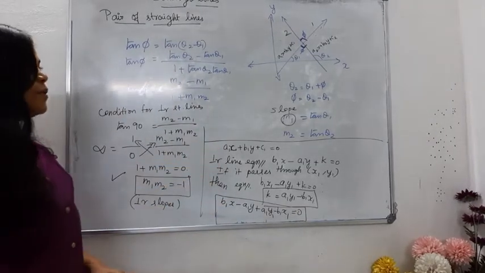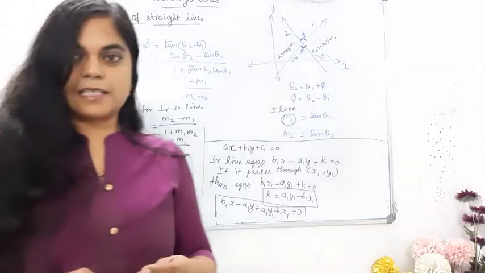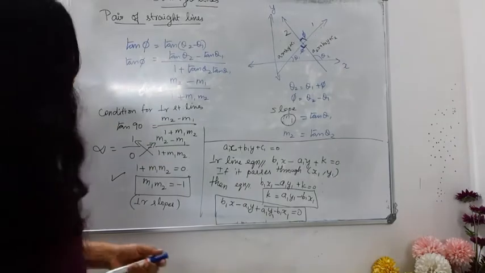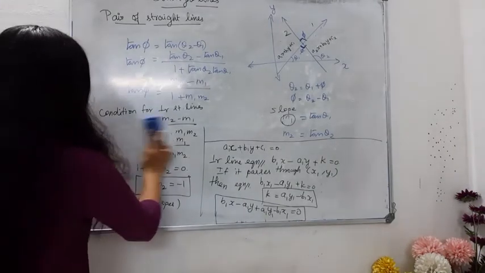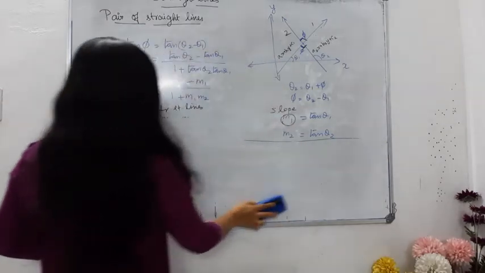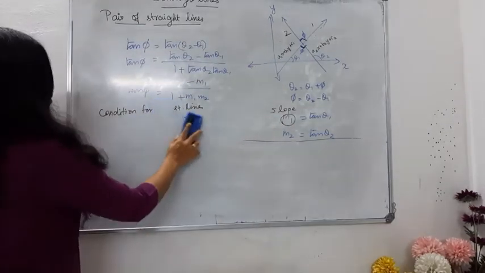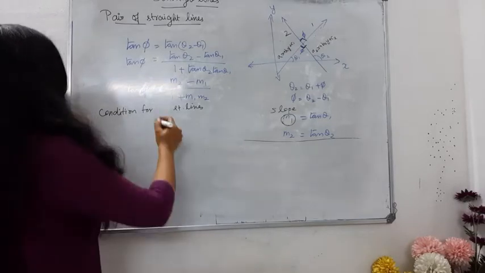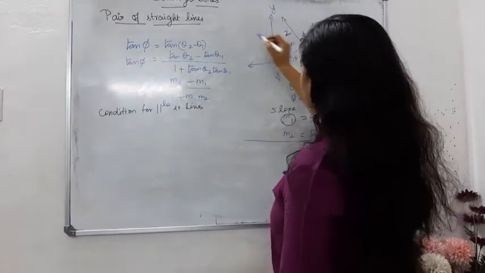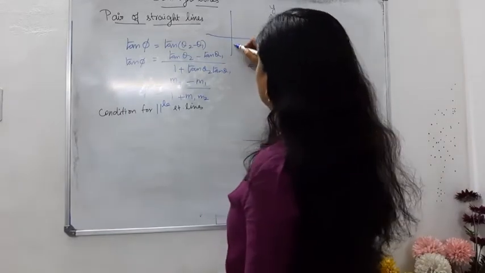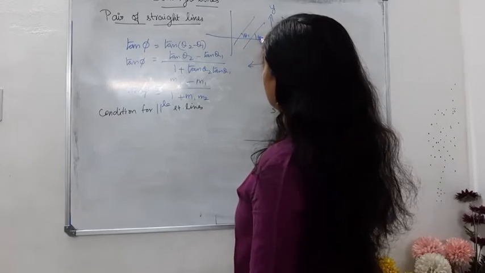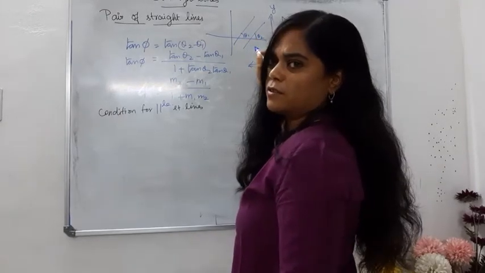Okay. Now we are going to see next the conditions for parallel lines. Suppose these two straight lines are parallel, now the picture should be like this. Okay. So both have the same angle of inclination, right?